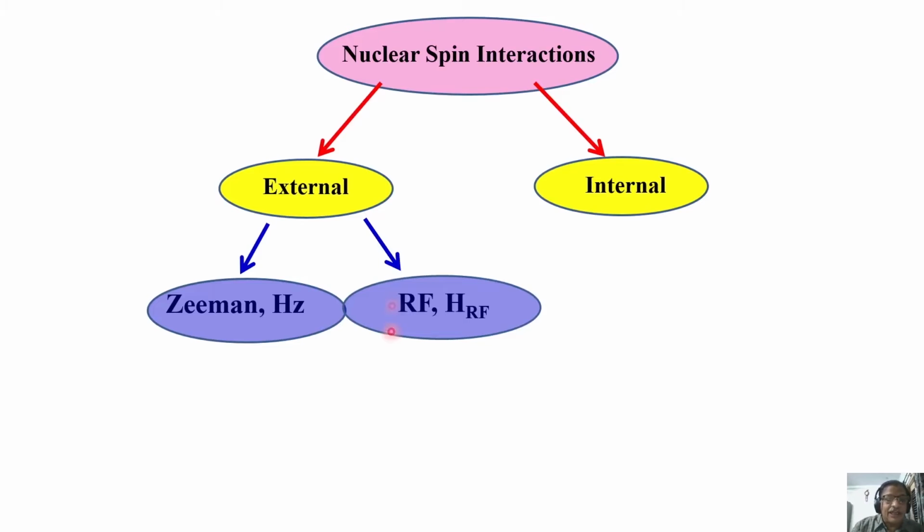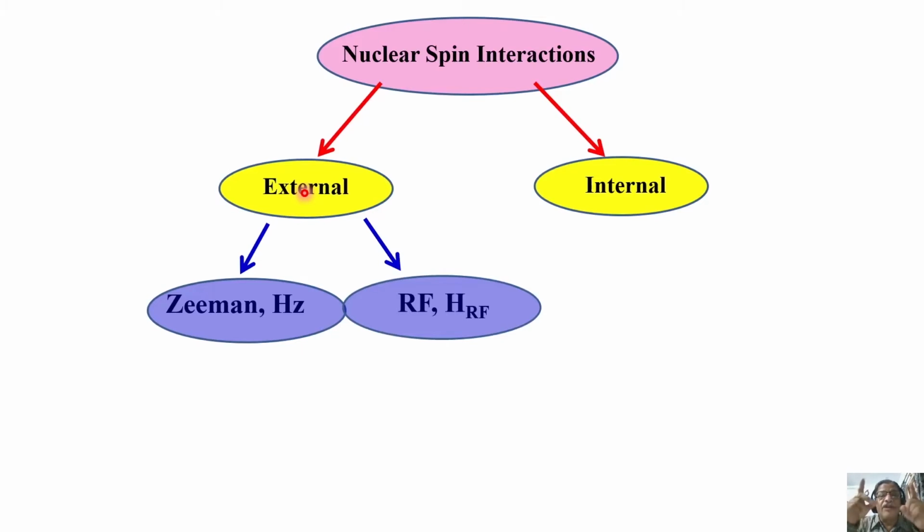So these two external interactions, that is the Zeeman interaction and the interaction of the radio frequency with the nuclear spins, we discussed in a couple of previous classes. In addition to this, there are other types of interactions which are internal, I mean within the molecules.